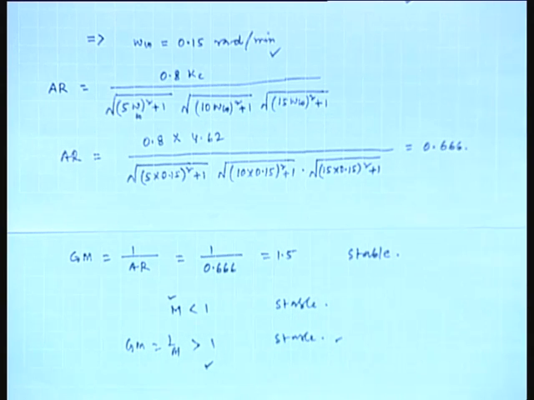If gain margin is greater than 1, then we can say that the system is stable. So, the problem we have solved is based on the gain margin value. We will continue this problem considering the phase margin of 26 degree.